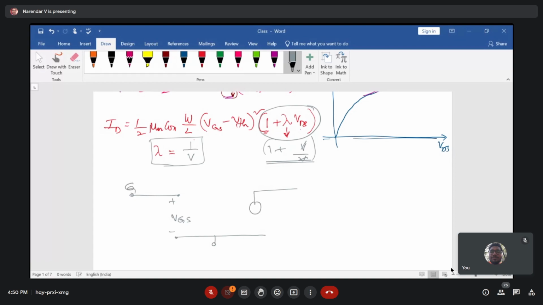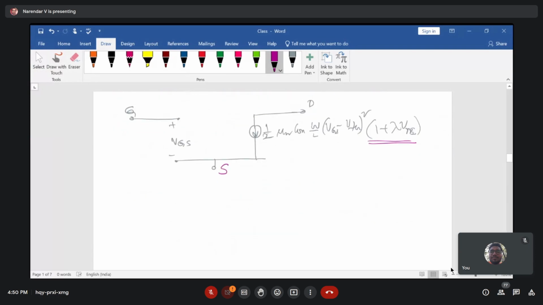Now you have a current, which is half mu n COX W by L (VGS minus VTH) whole square into (1 plus lambda times VDS). So this extra term is getting added here in comparison with your previous constant current source equivalent model. Okay, so this is again the source terminal.